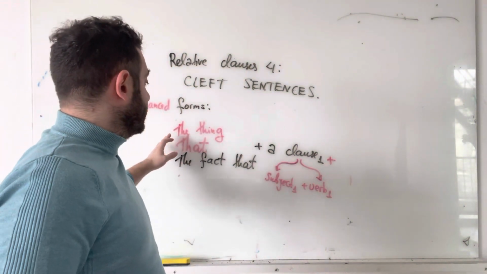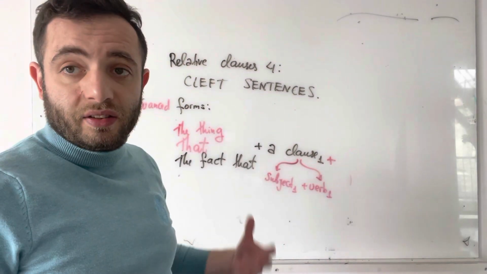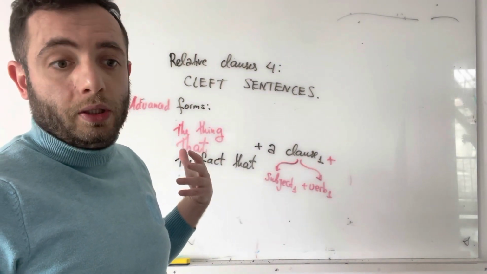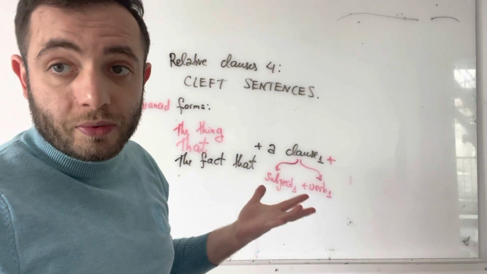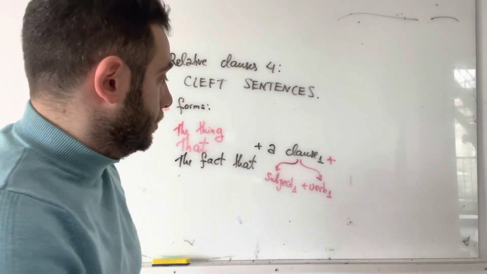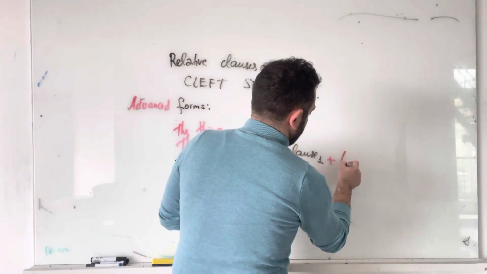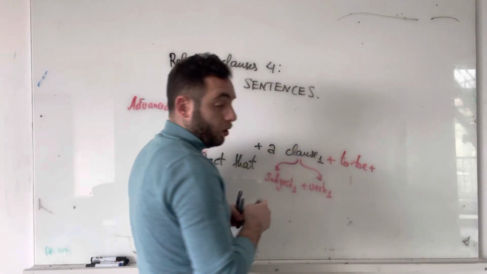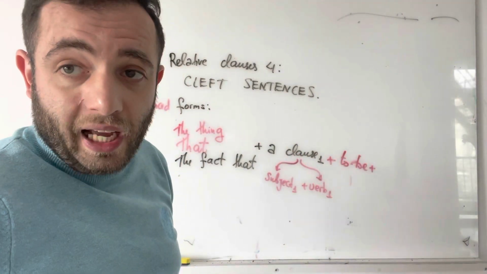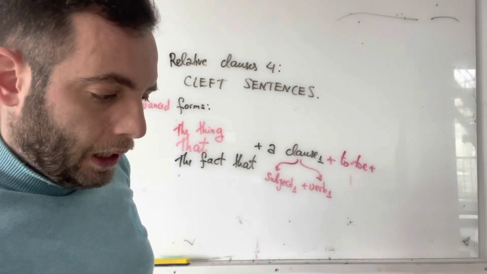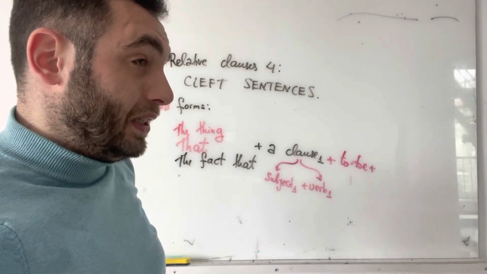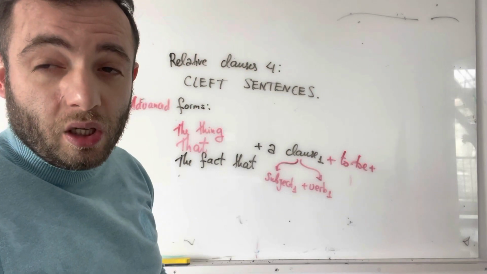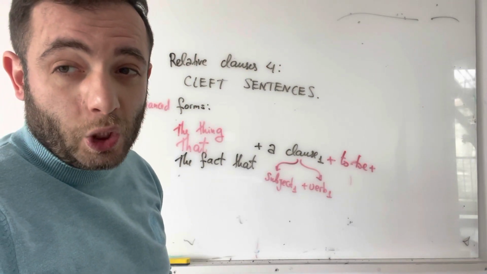Because "the fact that" this clause actually turns into the subject of the sentence. So, "to be" form, "to be" plus. Here we also have "that," which we can use as a conjunction, but it's just optional. If you want, you can also omit it in a sentence.